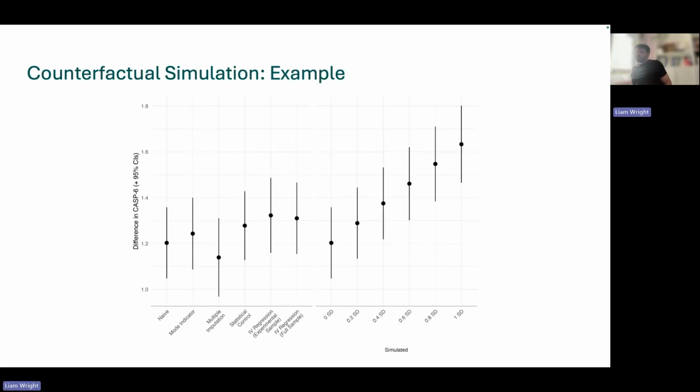So on screen, I've just got a simple example. This is an analysis of age 55 data from the National Child Development Study, which is the 1958 British birth cohort study. The interesting thing about the age 55 sweep was that it embedded a mode effects experiment. So it compared people in the telephone mode with a web mode.